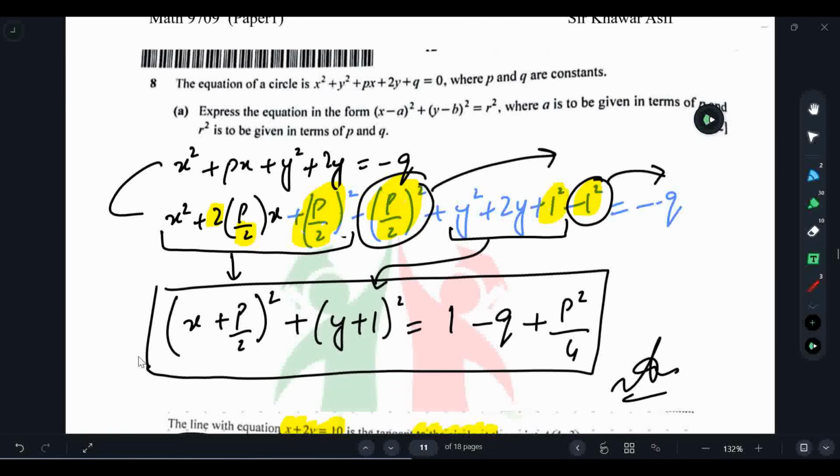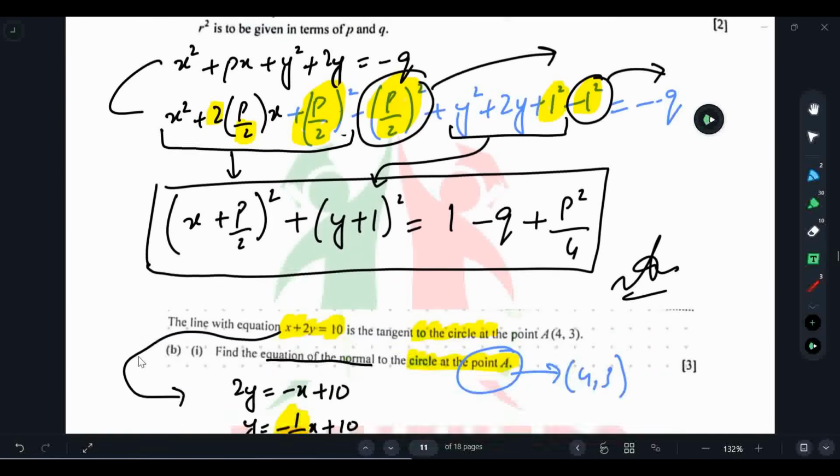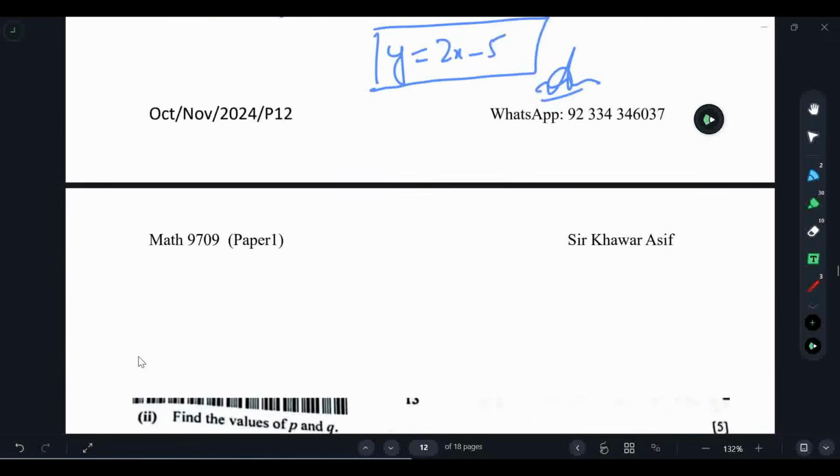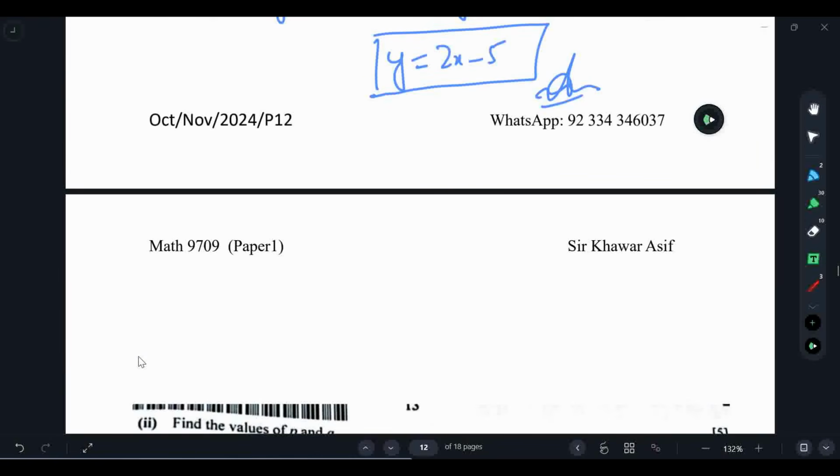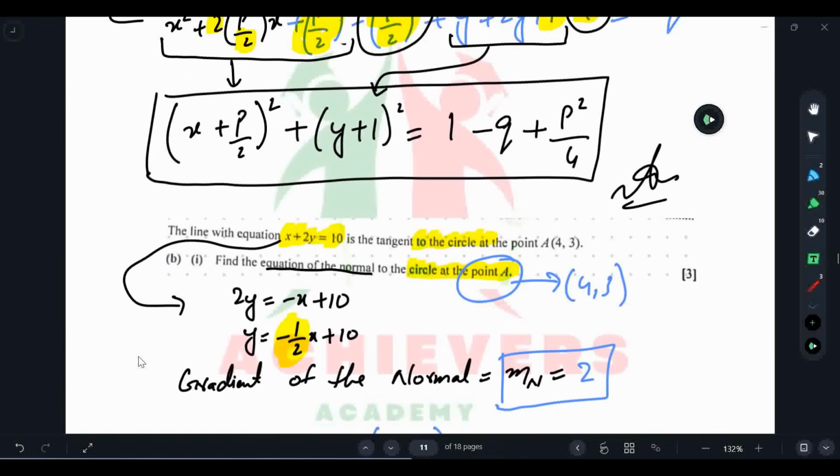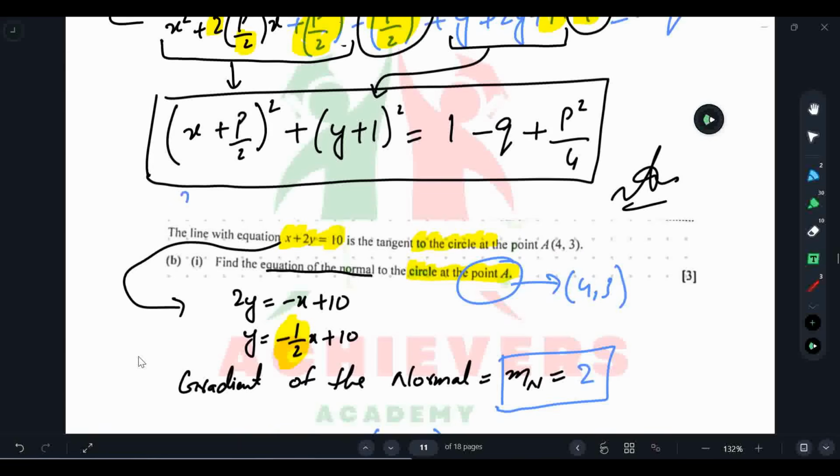Okay, now we know that from this expression we can see that this one is a circle, and we know the equation of the circle and the center of the circle. So the center of the circle will be, if we compare it with x minus h whole square plus y minus k.